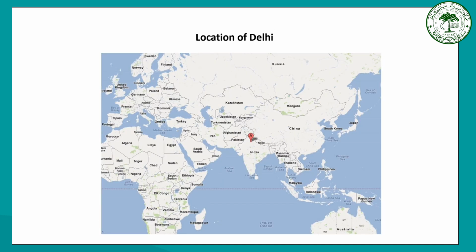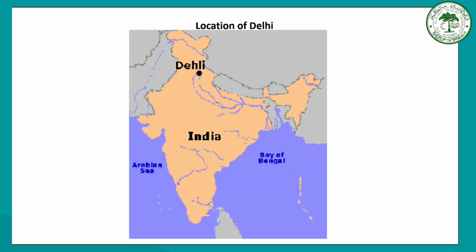Now, if you change the scale, with a smaller scale, you can relatively easily locate Delhi. Moving ahead, with an even smaller scale, now within the map of India, we can easily identify the location of Delhi.